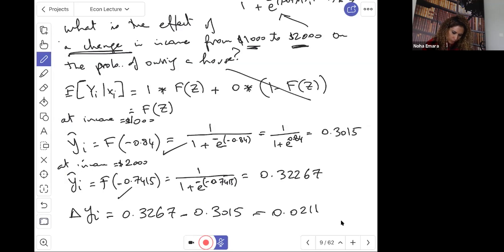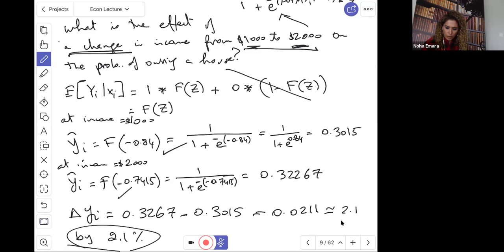In other words, if the income changes from 1000 to 2000, the probability of owning a house increases by 2.1%. So this is the answer to the question. The probability of owning the house is going to increase by 2.11% if the person's income increases by 1000.